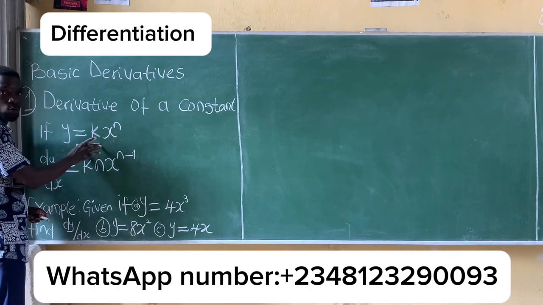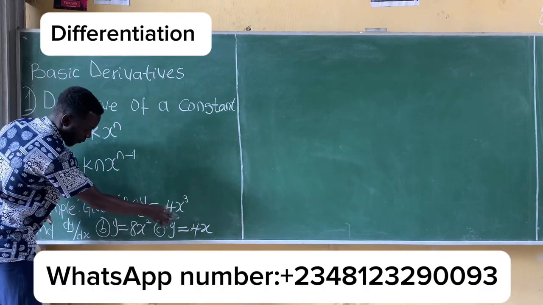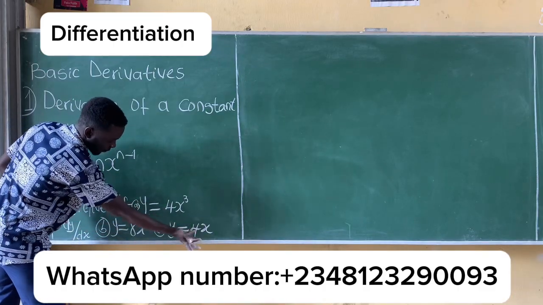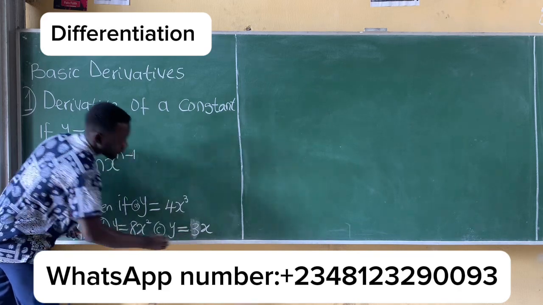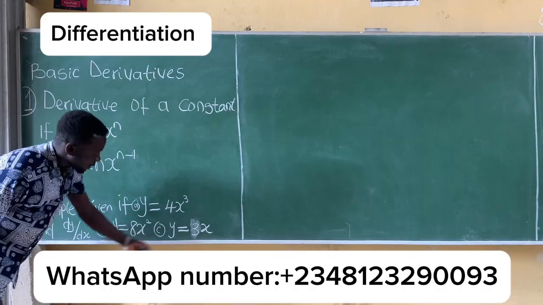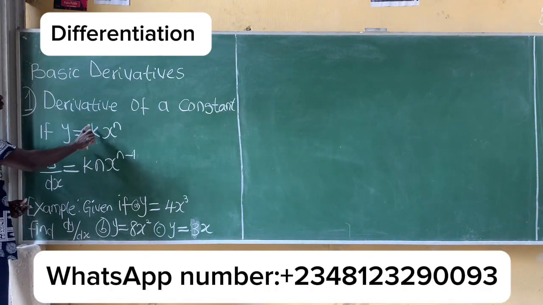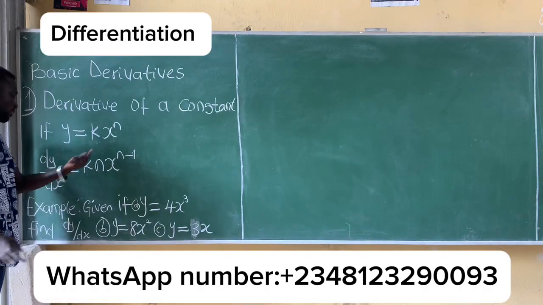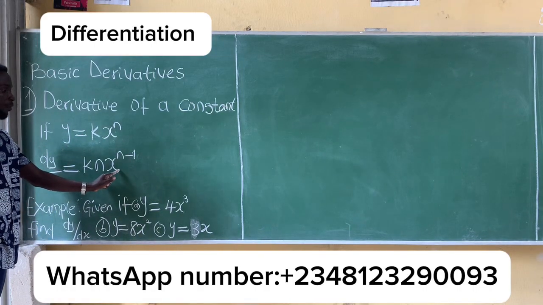If y is equal to kx^n, where k is a constant, just like 4, 8, 3, so just like they are constants, right? Your dy/dx becomes kn x raised to the power of n minus 1.